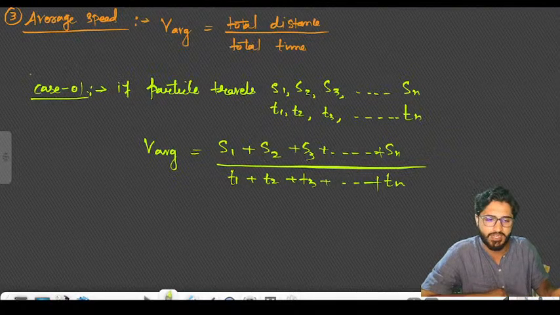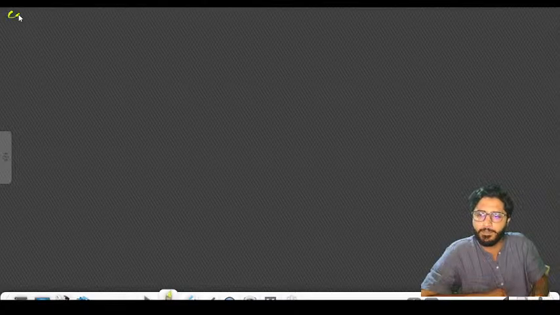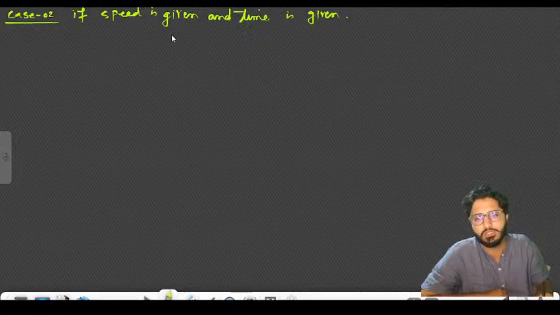Now, second case. Case number second is if speed is given and time is given. How to write average speed? Look now.